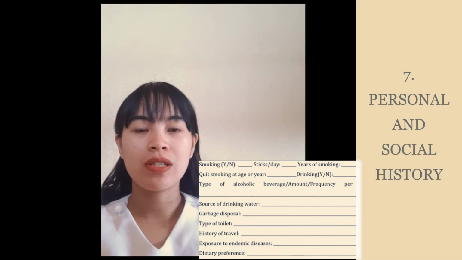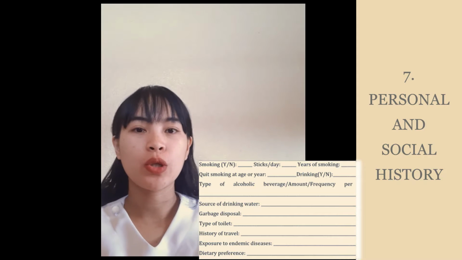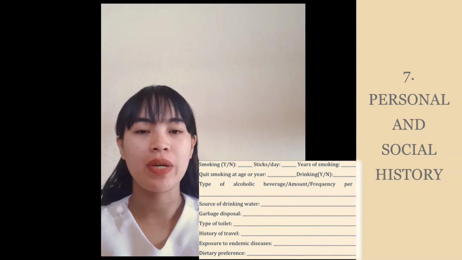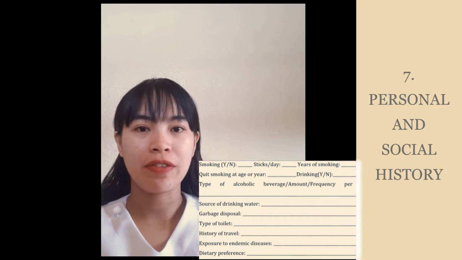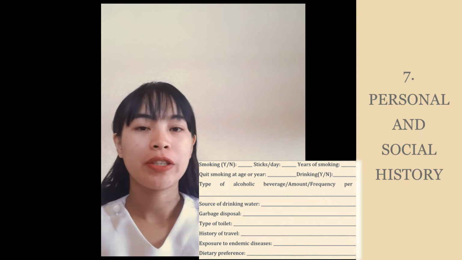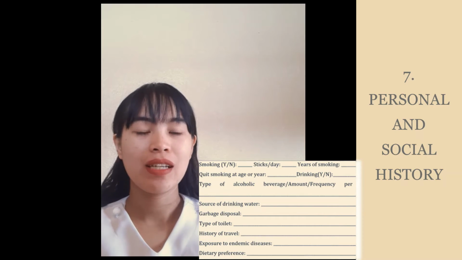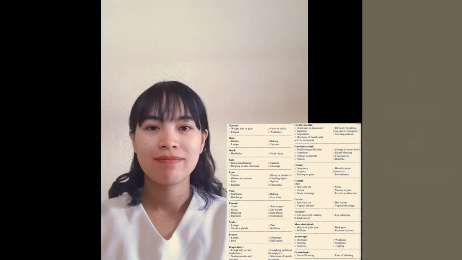Seventh is the personal and social history. This involves the recreational and occupational practices of the patient that are clinically significant. It includes important life experiences, current situation, lifestyle habits, especially diet, smoking, alcohol drinking, and drug abuse.